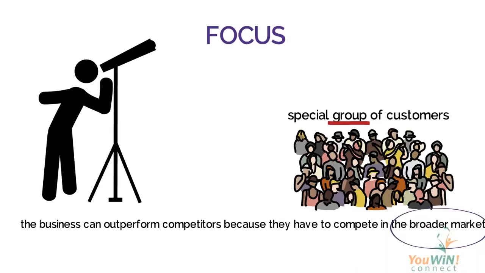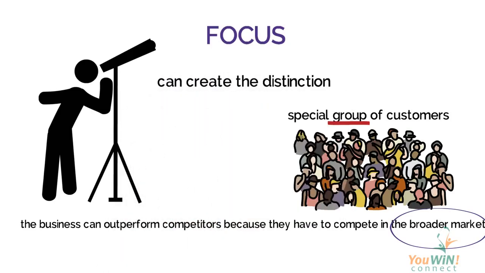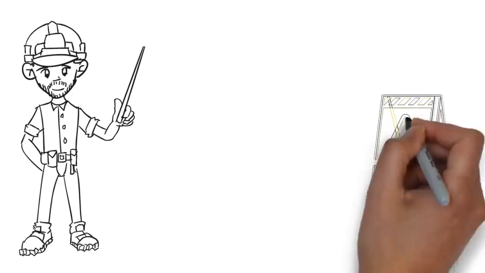And the broader market is basically that general market, which they have then cut out the people that they want to serve. The firm therefore can create the distinction to serve its customer better or produce at a lower cost, regardless of whichever aspect of the market that the firm or the business has decided to serve.